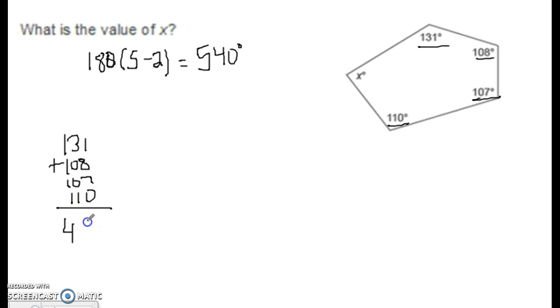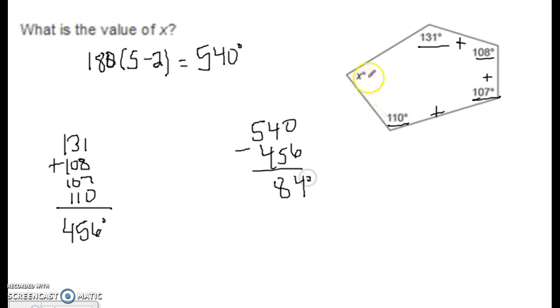Alright, and so I got 456 degrees. By adding these 4 together, it equals 456. But I know the total of all the angles has to equal 540. So to find that missing angle, I could take 540 degrees and subtract 456. So now I know that x has to be 84 degrees.